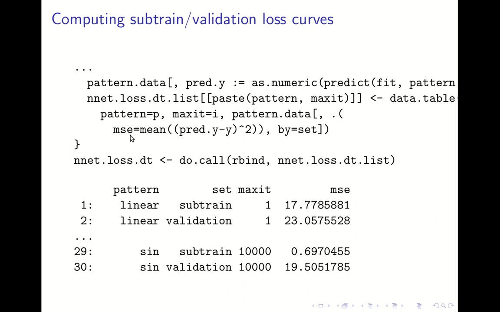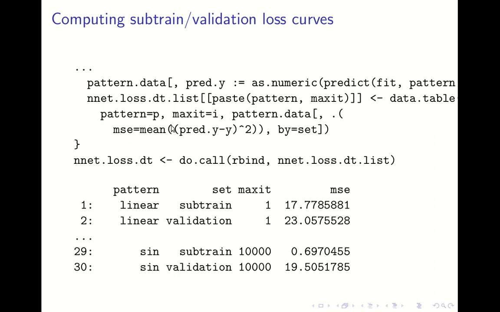The mean squared error is defined as the mean of the squared difference between the pred.y, the predicted values that we just computed, and the actual labeled y values that we have in the original data set. And by equals set means we want to do that for both subtrain and validation sets independently of each other.